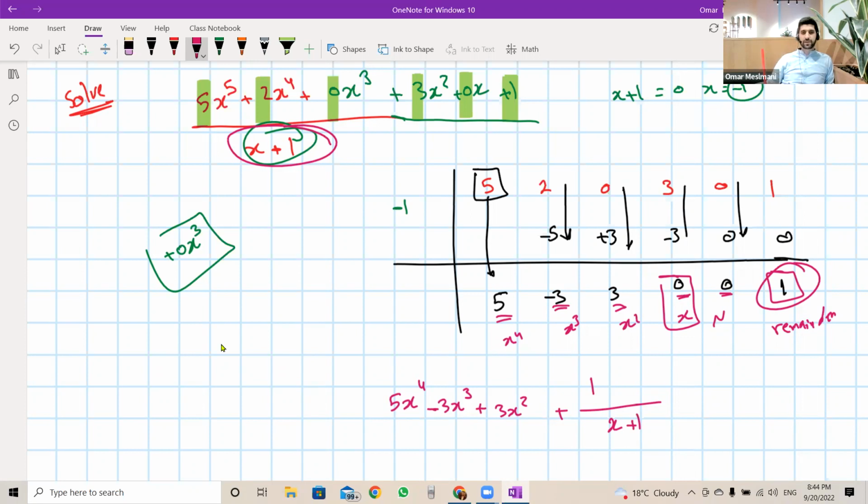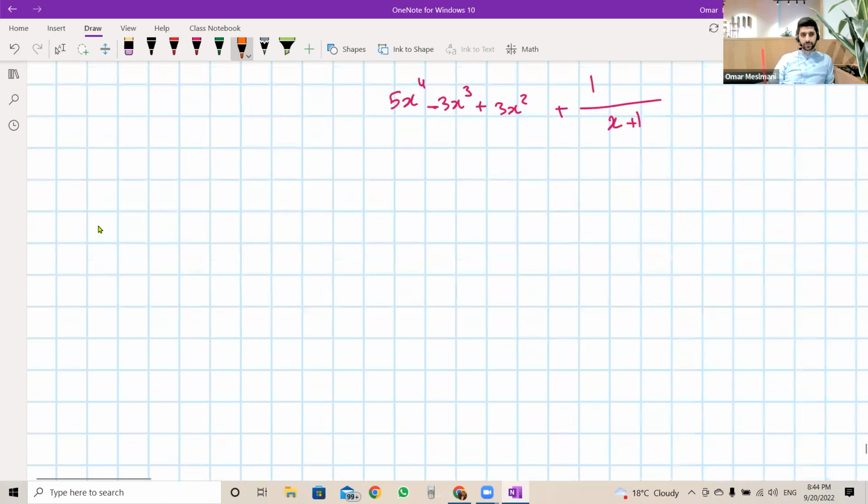Before I move on, you have to know that there are some restrictions to use synthetic division.